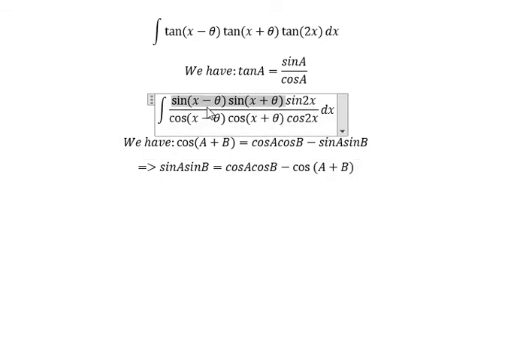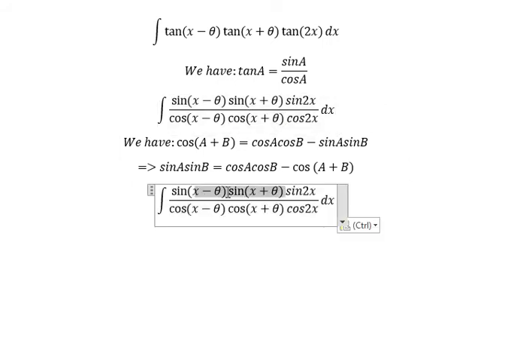sin(x − θ) multiplied with sin(x + θ) in here. So you got cos A is x − θ.